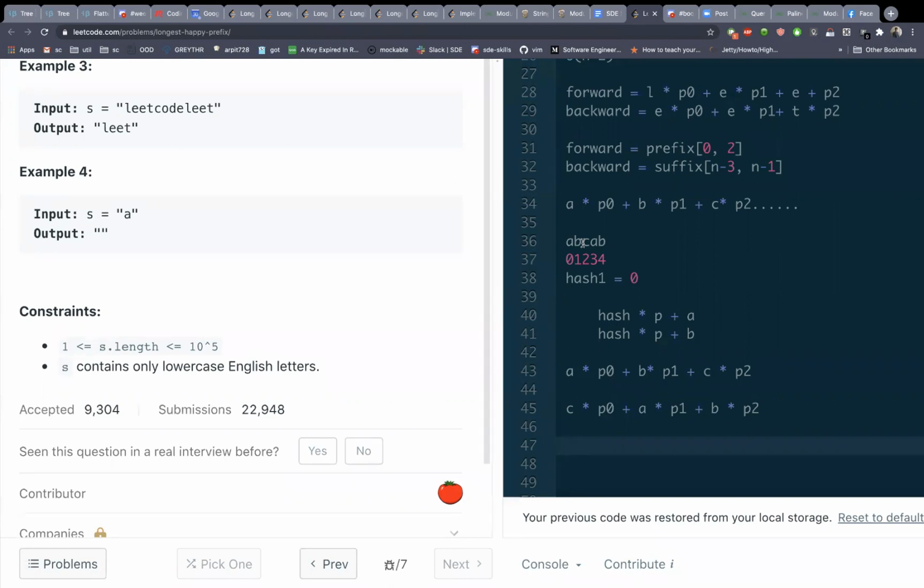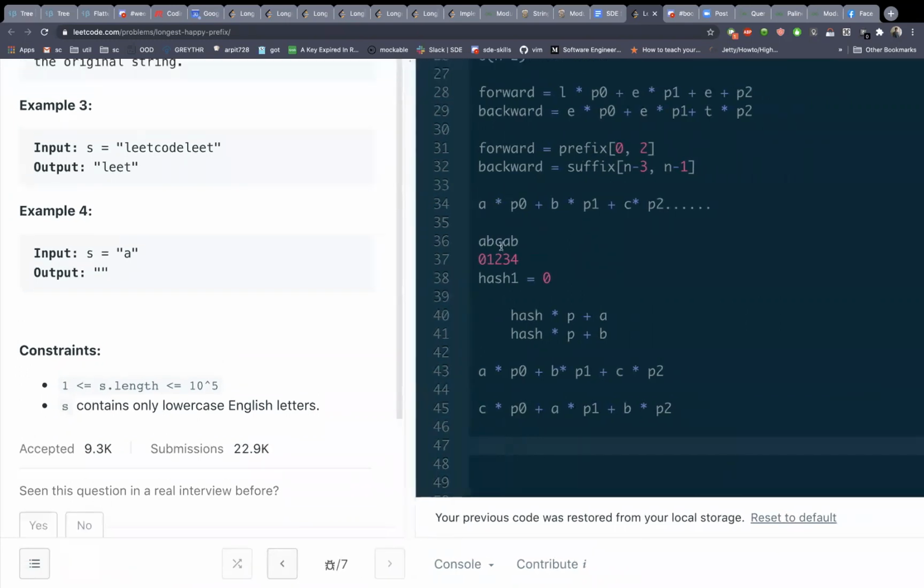When we calculate the hash of AB, the last 2, we use the pre-calculated hash of B and just add A. So when we want to calculate the hash of CAB, we already have the hash of AB, the last 2 characters.